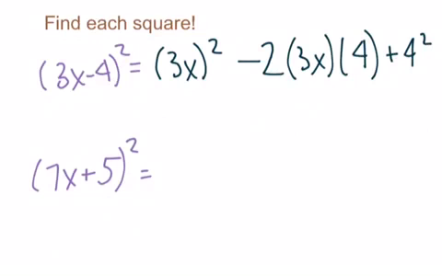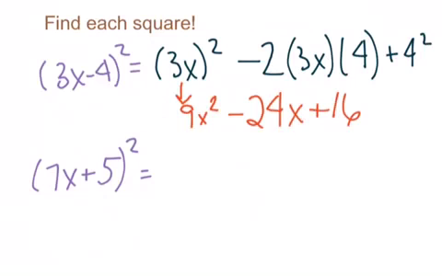Okay, so let's do our math. 3 squared is going to be 9. X to the second is going to be x squared, minus, okay, 2 times 3 is 6. 6 times 4 is 24. 24x, okay, plus 4 squared is 16. There's your perfect square, okay?